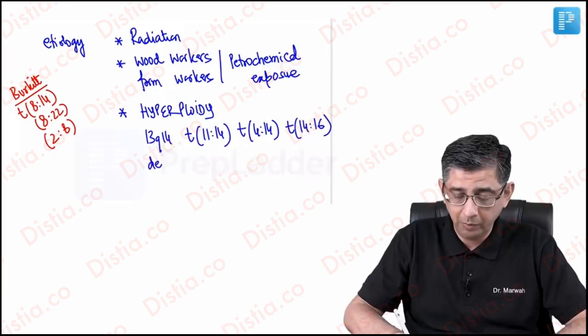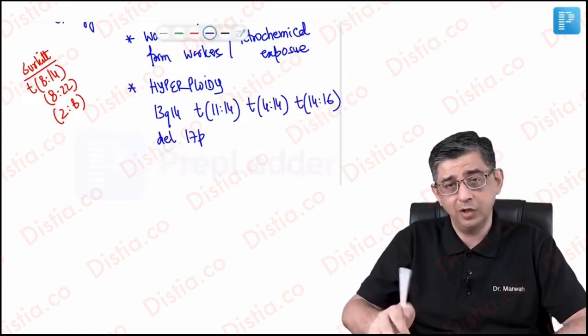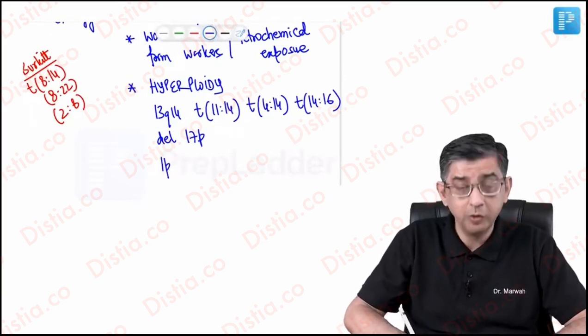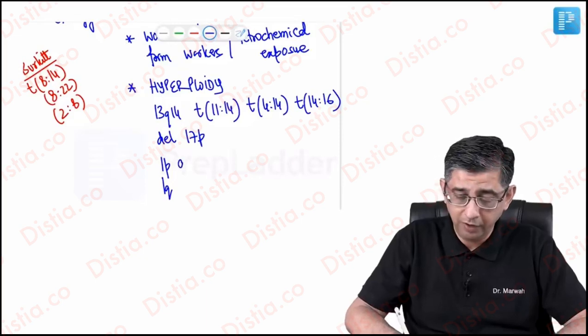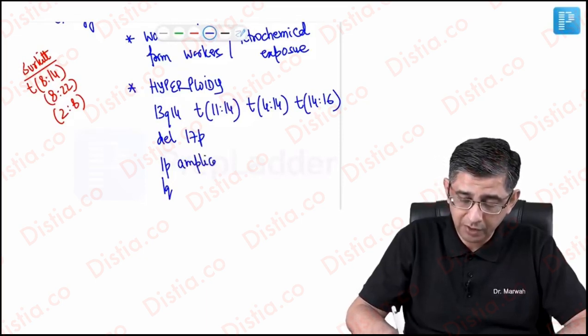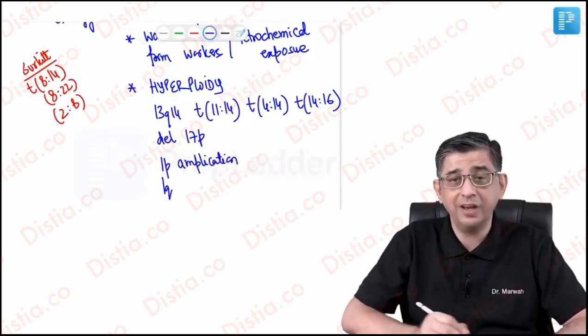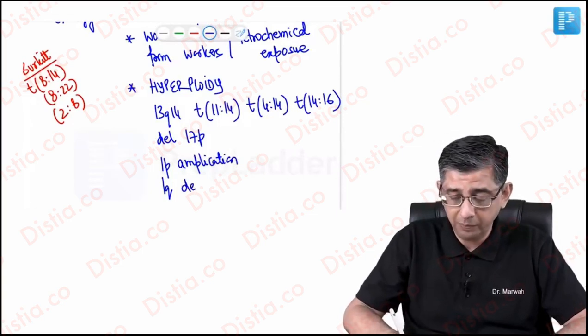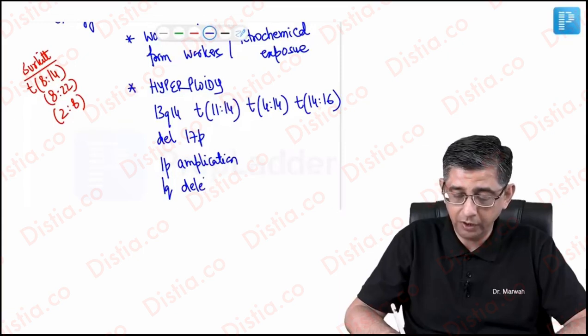The next aspect to be remembered would be a deletion related to chromosome 17p. Then it is going to be related to chromosome 1. It's going to be 1p amplification. Now this requires, I would say, a bit of superhuman effort to remember. That would be 1p amplification and then a 1q deletion.